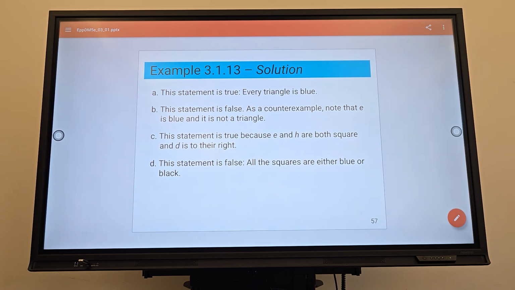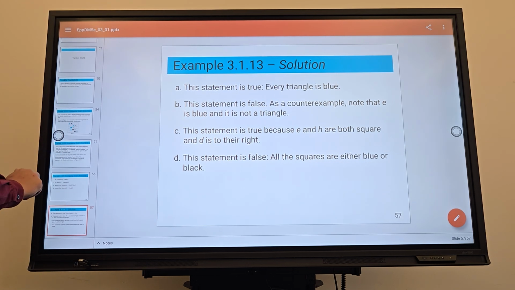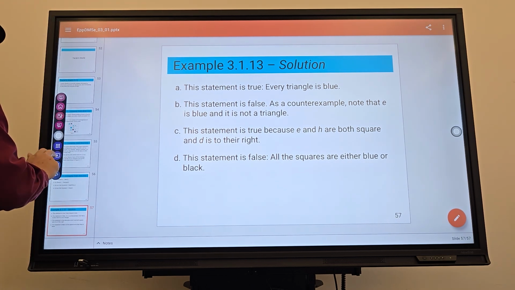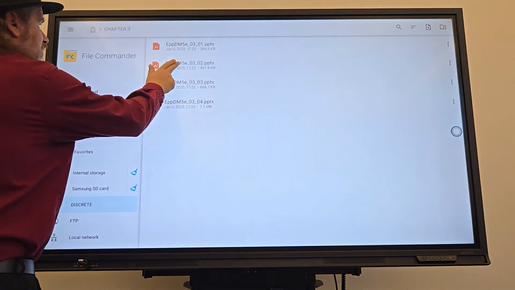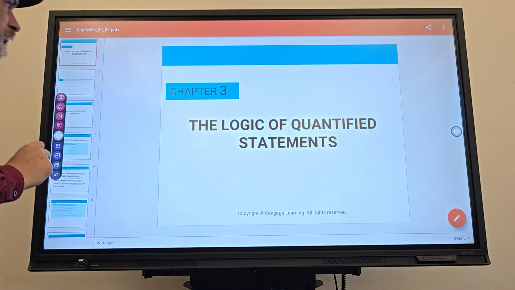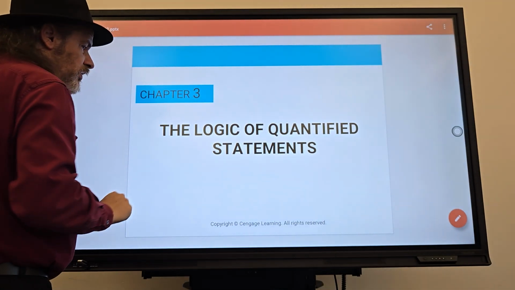And that about wraps up this section. Take a brief break. And find the second section. All right.